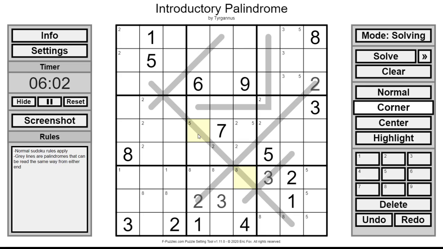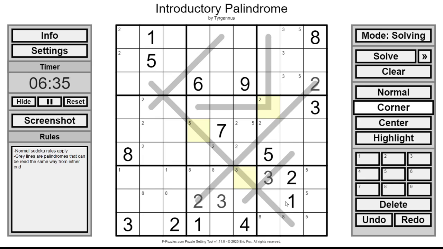This 8 combination seems important. It would put an 8 here, because this couldn't be an 8, which hits that square.